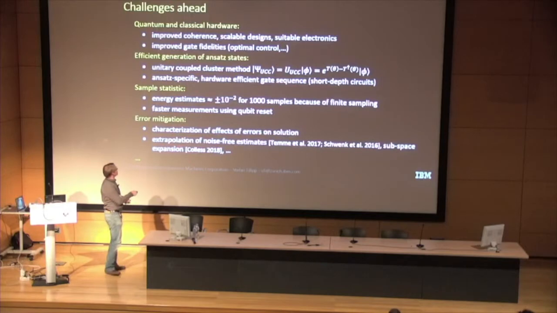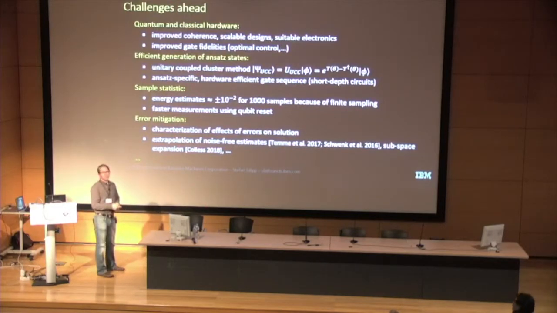The list is long, and I think it can be even prolonged, what needs to be improved here. For example, clearly coherence, designs, gate fidelities in general, statistics, basically doing faster sampling of the quantum system, but also error mitigation schemes are currently explored.